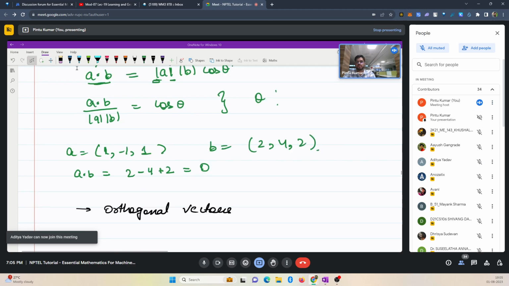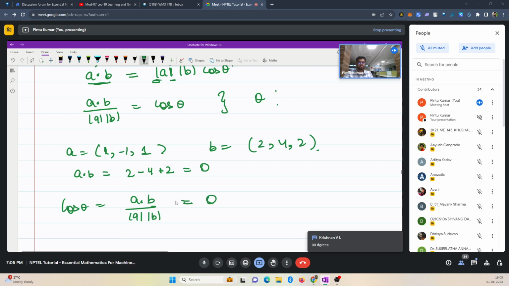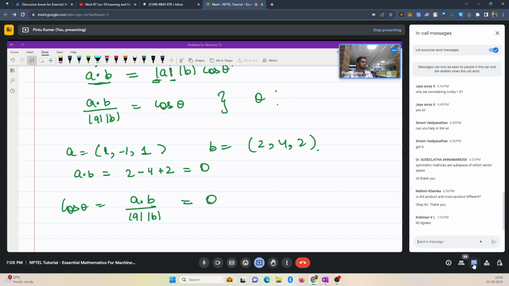So cos theta is a dot b divided by norm of a into norm of b. This is 0, so theta equals 90 degrees, and cos theta is 0.